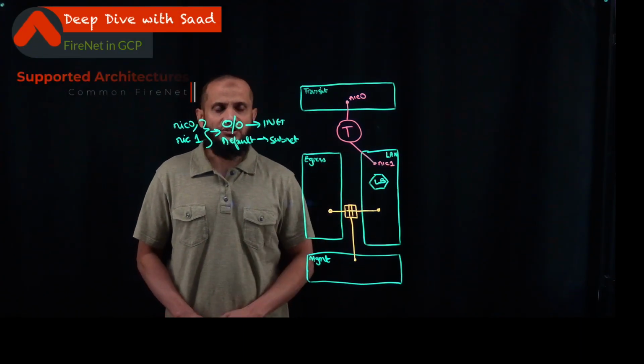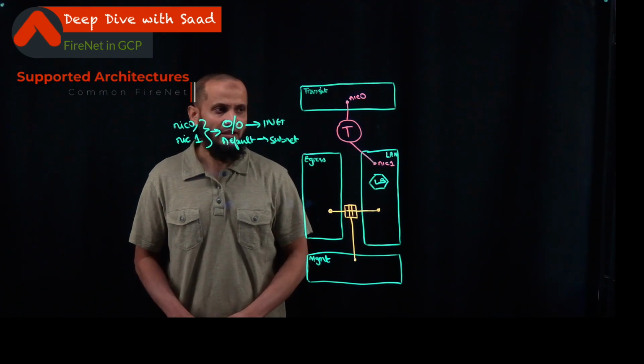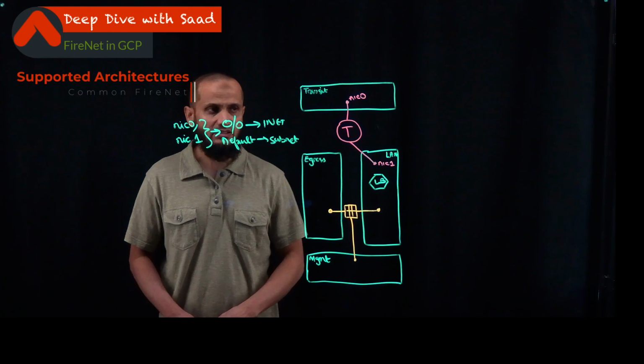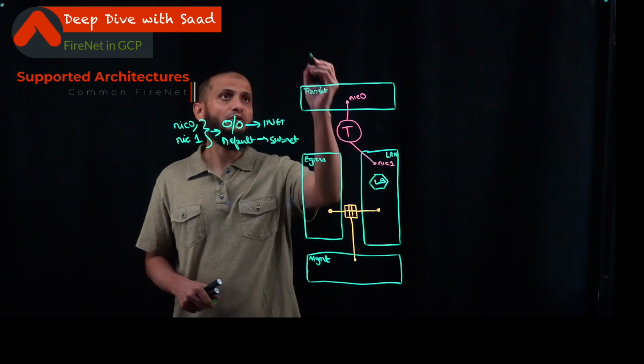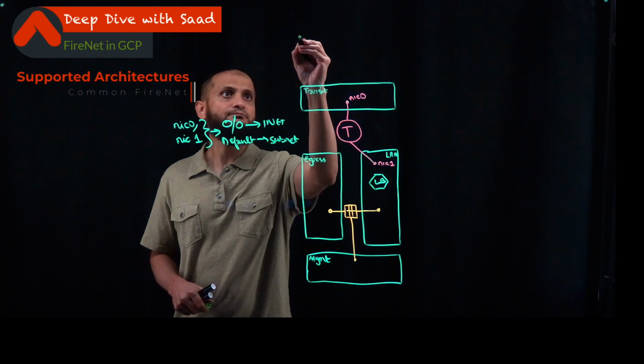Now let's take a look at the architecture of GCP FireNet. Up till here, I just drew the transit FireNet, which is composed of 4 different VPCs. Now let's draw out the application VPCs or spoke VPCs.